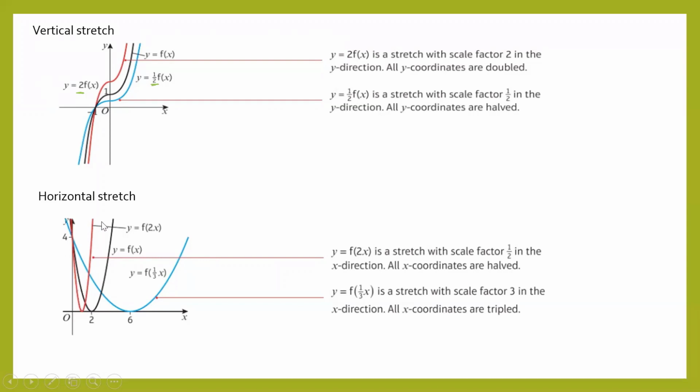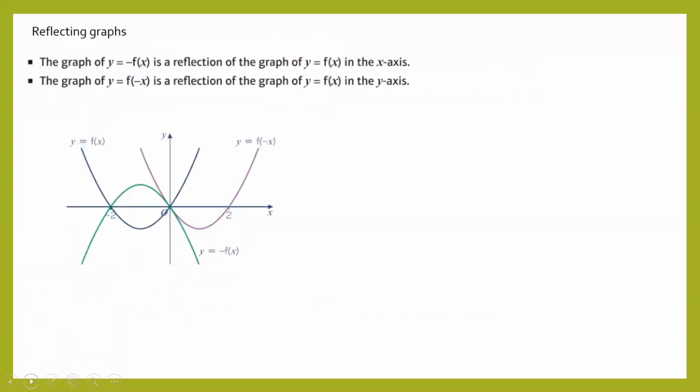It becomes tighter, but if it's a fraction, it becomes wider. Here we divide all x coordinates by 2, and here we divide all x coordinates by 1/3. As I said, we're going to see more examples on this, including in the past paper.